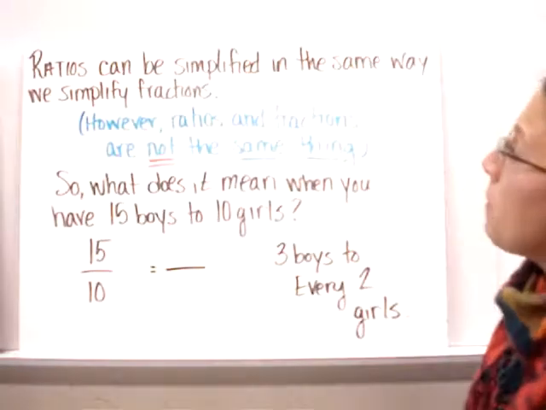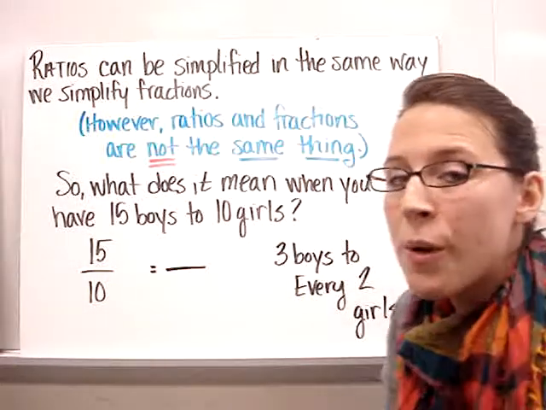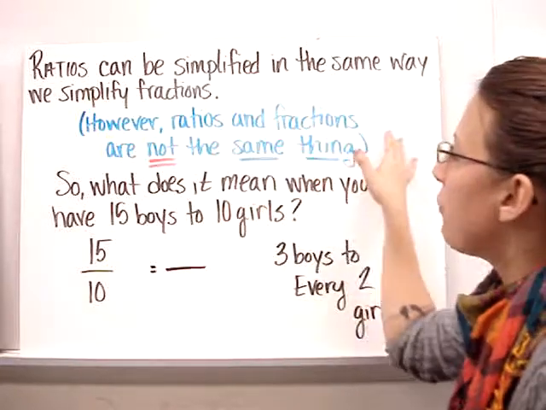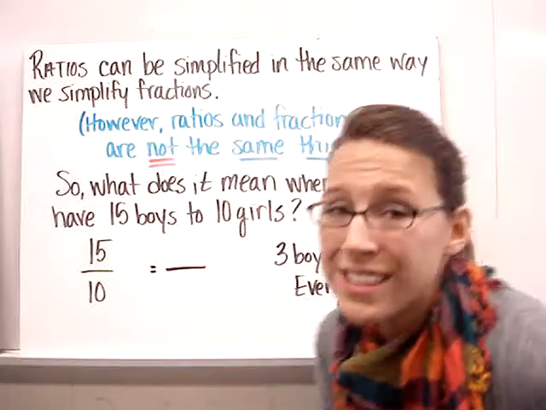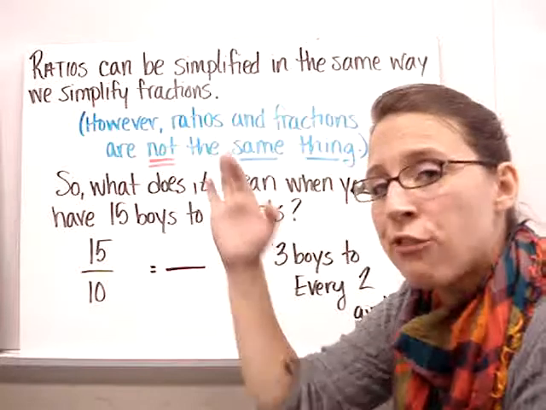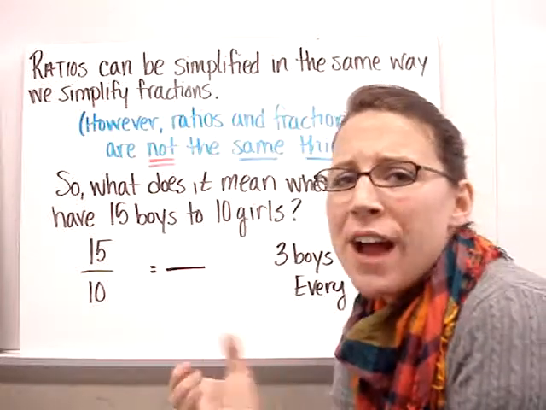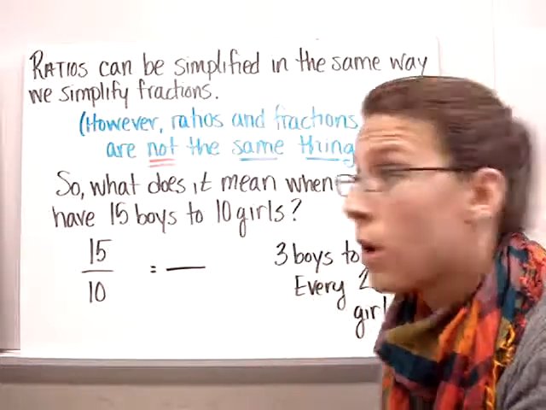Ratios can also be simplified in the same way we simplify fractions. Although I want you to note, ratios and fractions are not the same thing. They may look the same, but if a ratio is comparing two different things, it is not a fraction, it's not a part of a whole, but it's represented in fraction form.